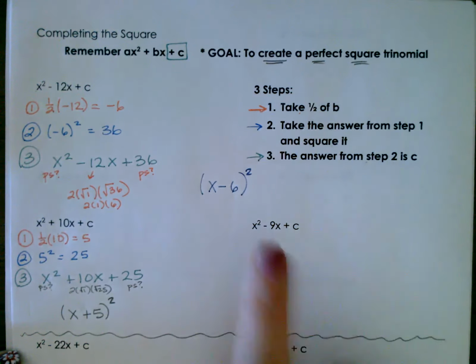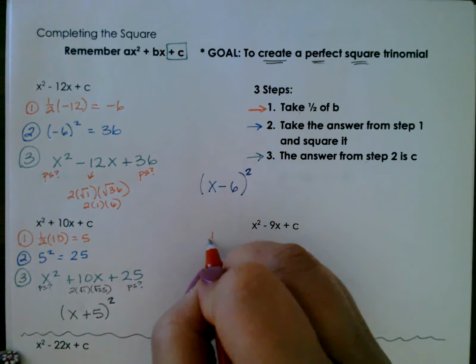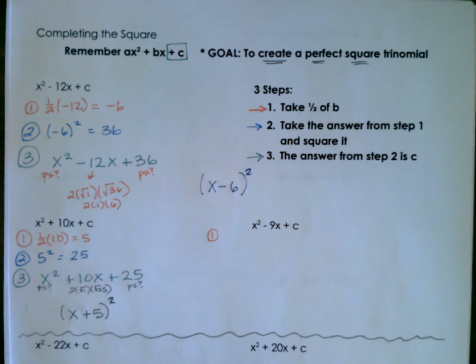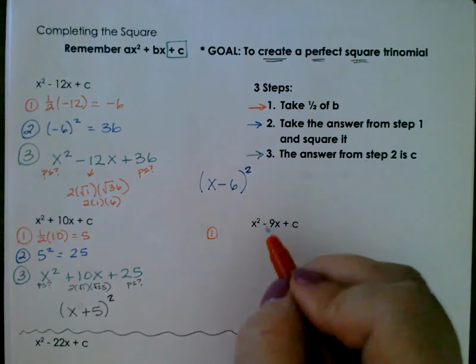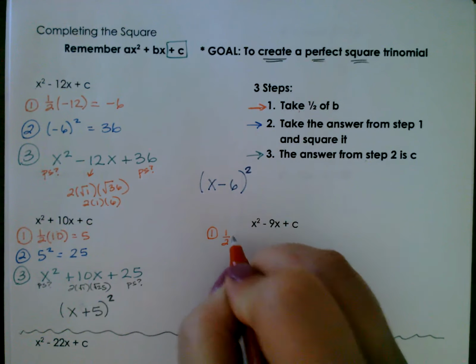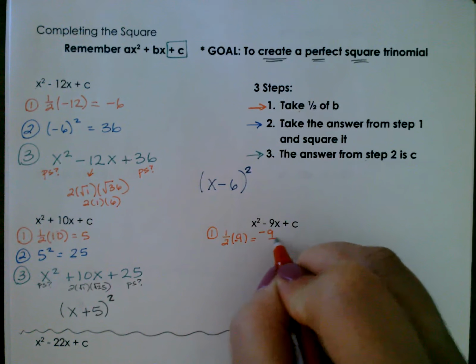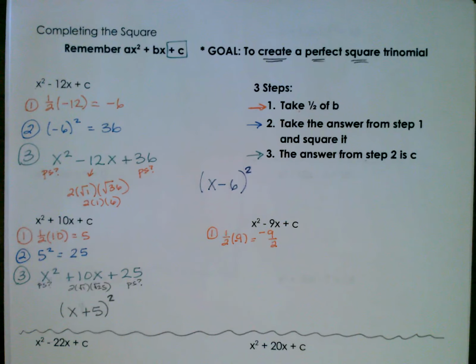Okay, let's look at this one over here. Ooh, gross, but it will be okay. The reason I kind of say gross is I have an odd number here. When I take half of an odd number, I get kind of a weird answer. So I'm going to leave it just for a moment as a fraction. Alrighty.